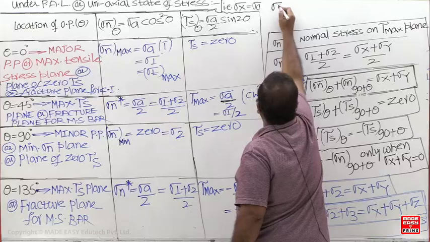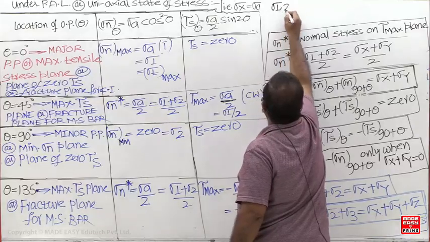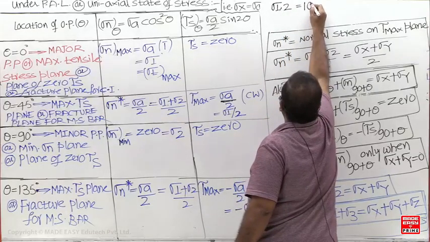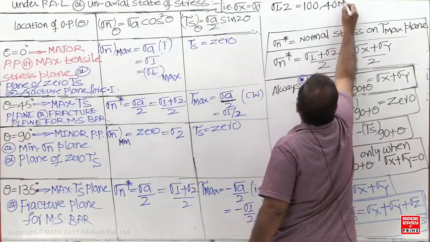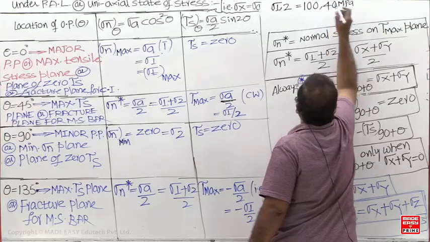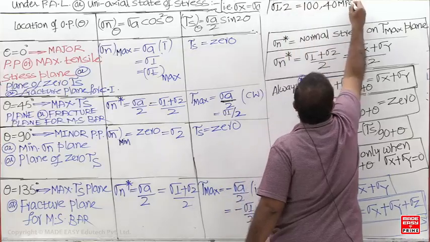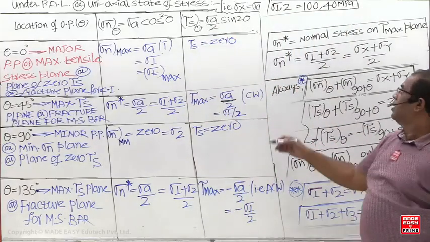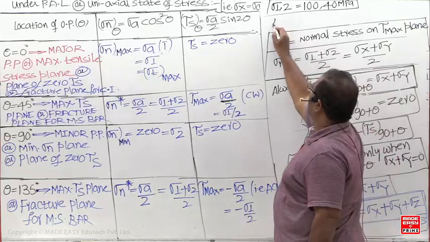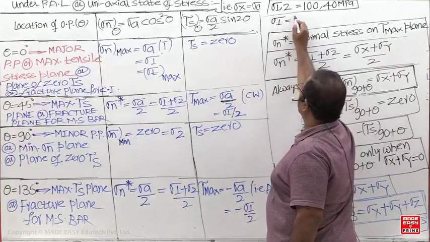Suppose after my calculation both are positive, and sigma 1 is the maximum value 100.